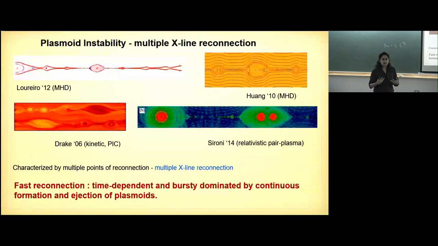You're basically continuously feeding in magnetic field at the boundary. I'm not sure exactly what kind of boundary conditions they used, but the idea is that there's a source at the boundary condition.